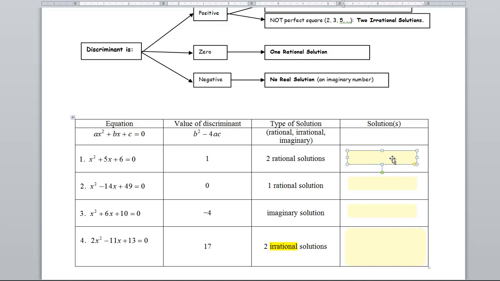In this one, I came up with x equals negative 2, or x equals negative 3. 0, you should have ended up with x equals 7. This is when I have that double root.